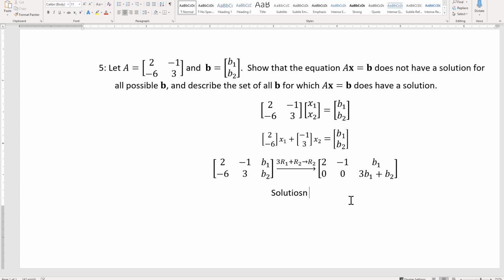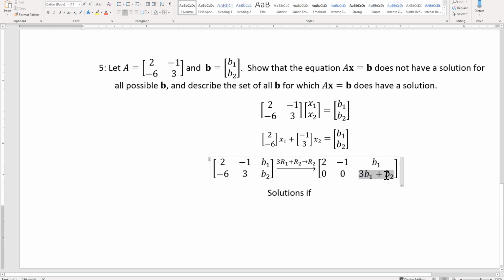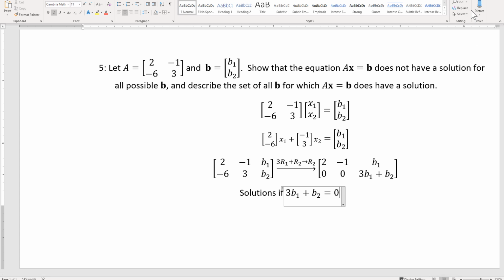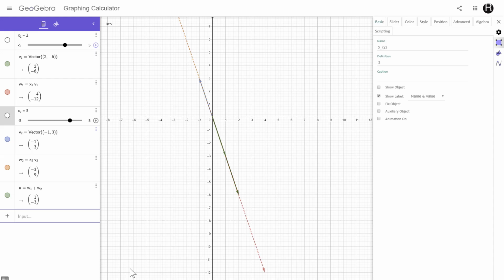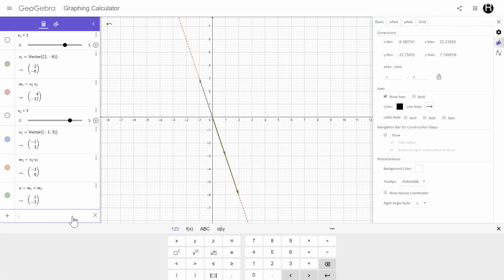So we have solutions if this expression is equal to 0. And if it's not equal to 0, then we have no solution. So 3b1 plus b2 is equal to 0. What is that? Well, let's go back to our graph. 3b1 plus b2 equal to 0 doesn't really make much sense as is.